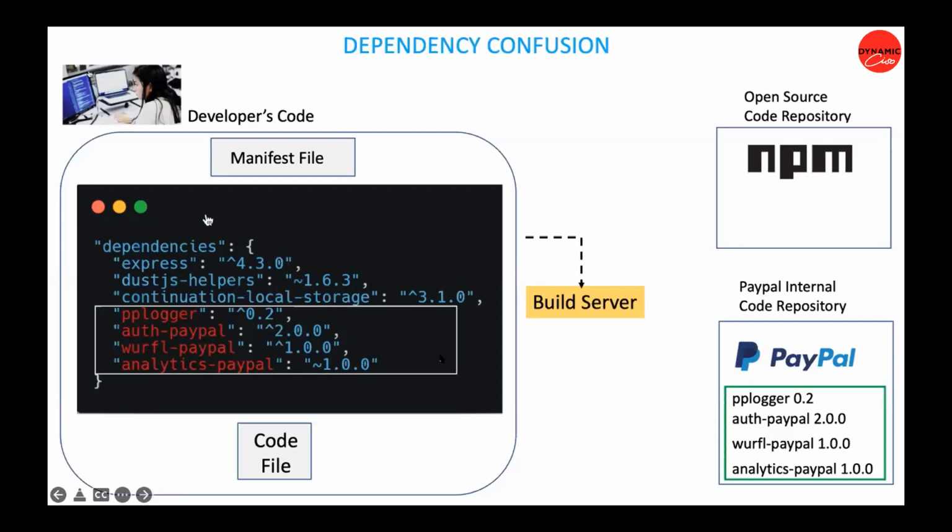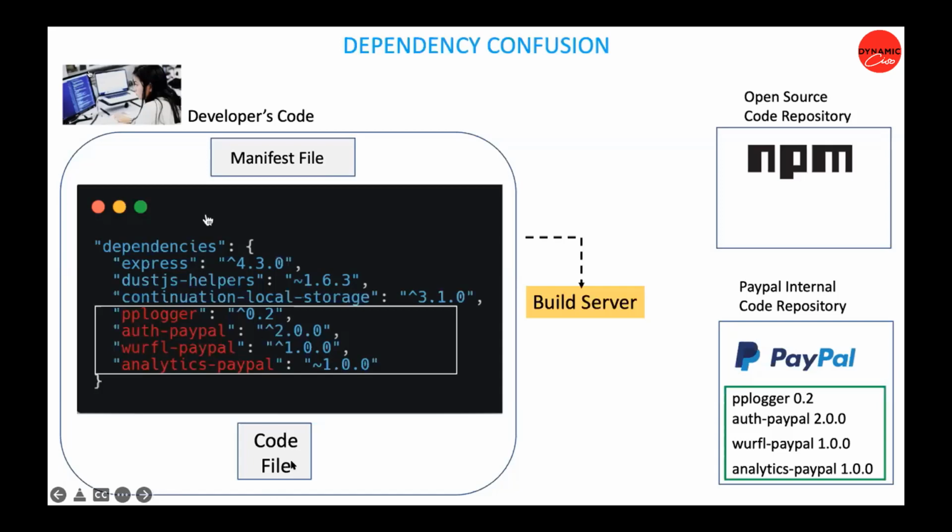So the CISO and others were quite confident, thinking that, okay, fine, we are not using any open source component. All this code is within our own repository. So what does the build server do? The build server takes the manifest file and the code file and joins them up to build a thing.